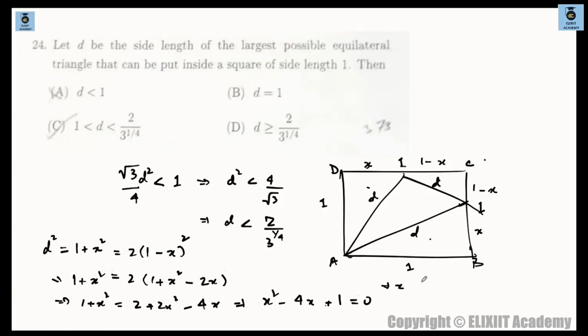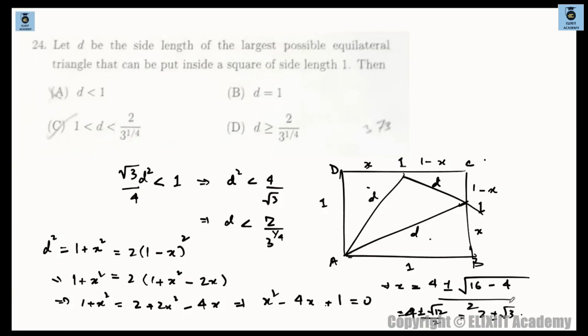So what is x? x will be minus b plus minus root over b square minus 4ac, so 16 minus 4, divided by 2. So this becomes 4 plus minus root 12 divided by 2, where root 12 is 2 root 3. So this becomes 2 plus minus root 3.